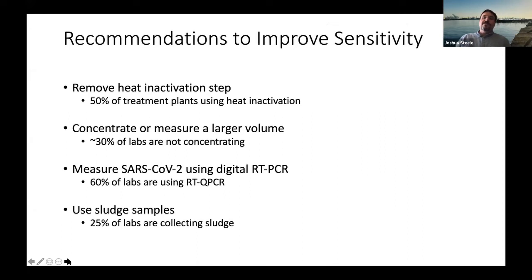We came up with some recommendations to improve the sensitivity. They're mostly not important to understand the details behind it, but basically how you inactivate the viruses can improve your sensitivity. If you're doing pasteurization or heat inactivation, that can reduce your measurement of the viruses.